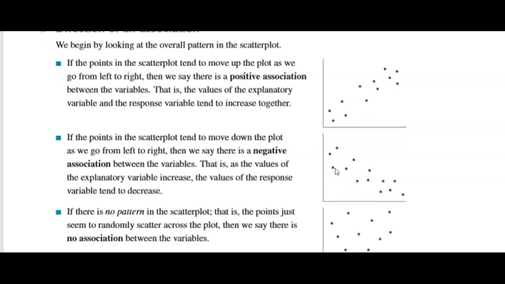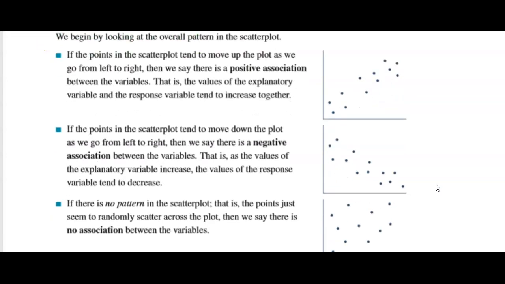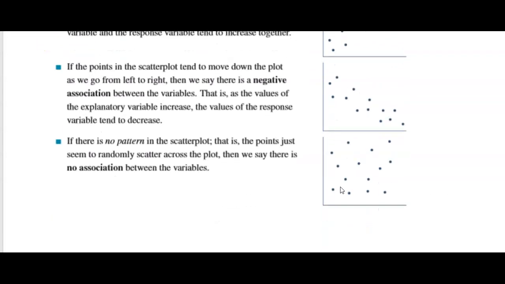Now, the next one, if we're going across, but we're going down, we're going in the negative direction. So we call that a negative association. So we're looking at direction, positive, negative. These notes are very helpful to have. If there's no pattern, so in this last one, we say there's no association because you can't see whether it's positive or negative.